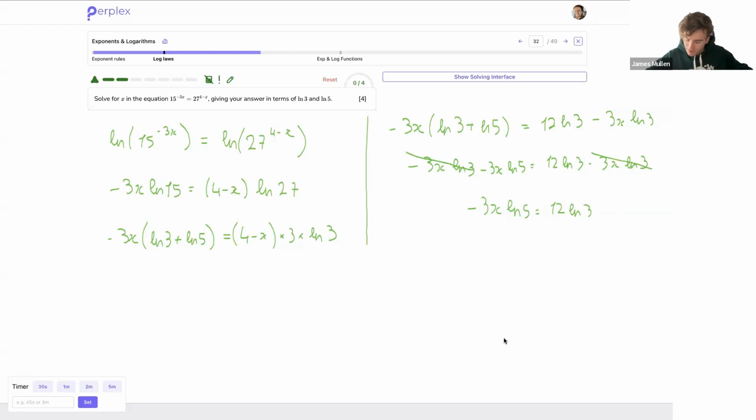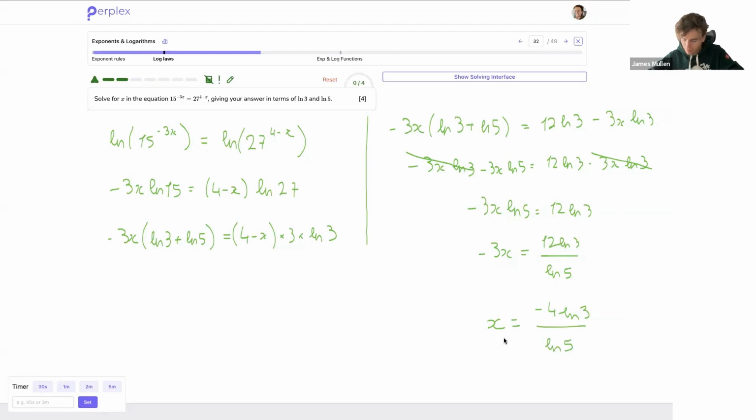Now, if I want to isolate x, I'm going to simply divide by ln 5 on both sides. Negative 3x is equal to 12 ln 3 over ln of 5. Now, dividing by negative 3 on both sides, I get x is equal to negative 4 ln of 3 over ln of 5.